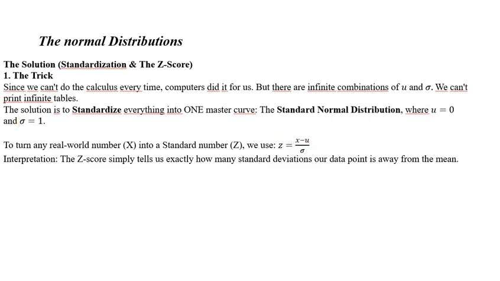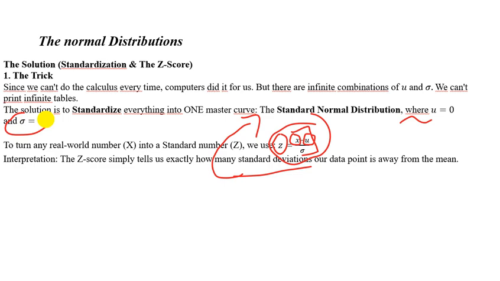So when we use this to find z, we subtract the mean from the data point and divide by the standard deviation. This number tells us how many standard deviations this data point is from the mean, and exactly this z matches the standard normal distribution that has a mean of 0 and standard deviation of 1.